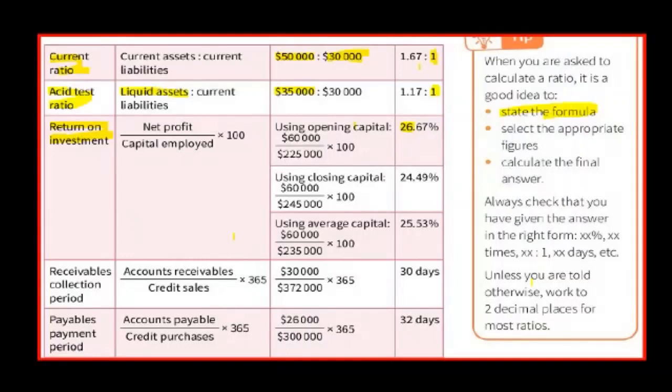So 30 days is a normal amount of credit that you give your customers, and if they are paying within the 30 days, you have no problem. The accounts payable is 26 over 300 multiplied by 365, and we get 32 days. So we have a problem here.